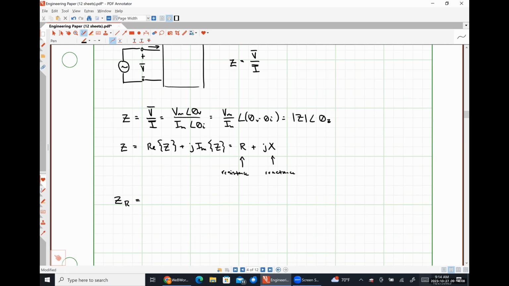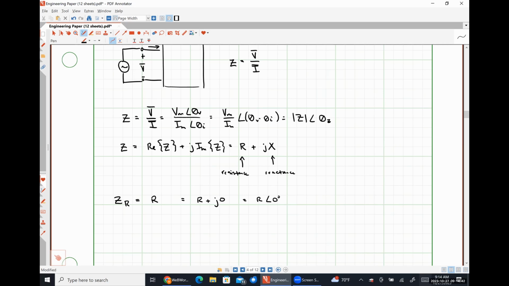So if I'm not mistaken, we had V is equal to I times R. And I want V divided by I, which gives us R. Yes. So the impedance of a resistor is just the resistor value itself. More formally in rectangular form, this would look like R plus j0. And more formally in polar form, this is R with a phase angle of 0.